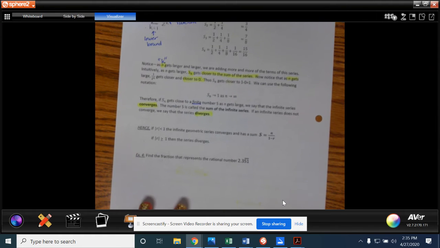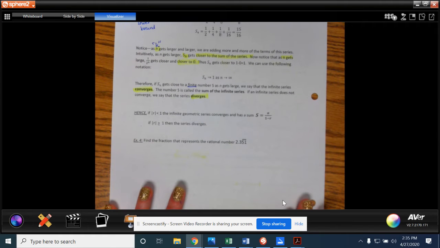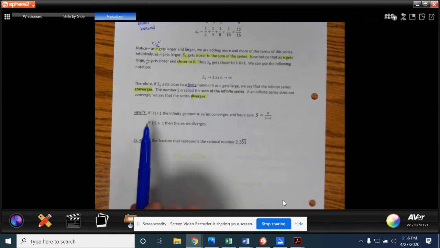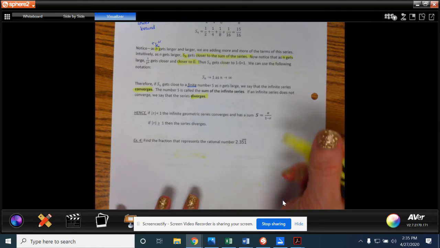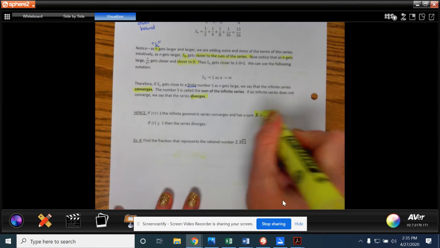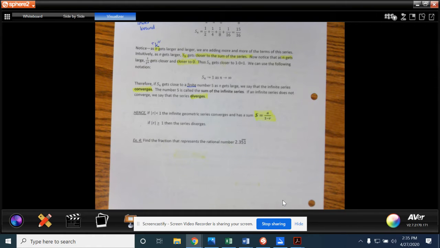Well, here's how it gets laid out. If the absolute value of the ratio is less than 1, the infinite geometric series will converge, and you can use a sum formula, which is super simple, to find the total sum. That's where it would converge to a location of a finite number.